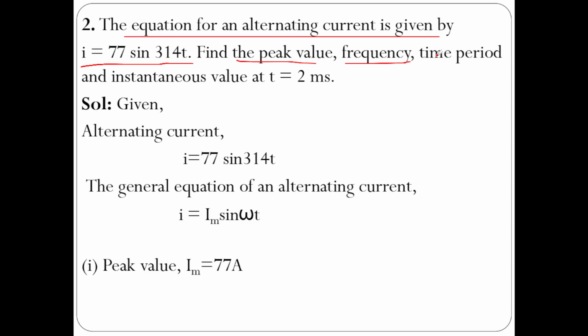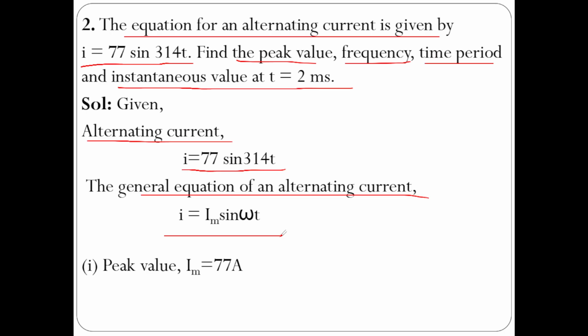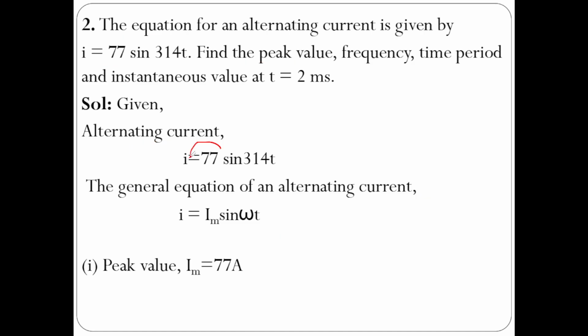The general equation of alternating current we already know, I equal to Im sin omega t. If you compare these two equations, this 77 is nothing but Im. So Im is 77 amperes. That is the peak value.